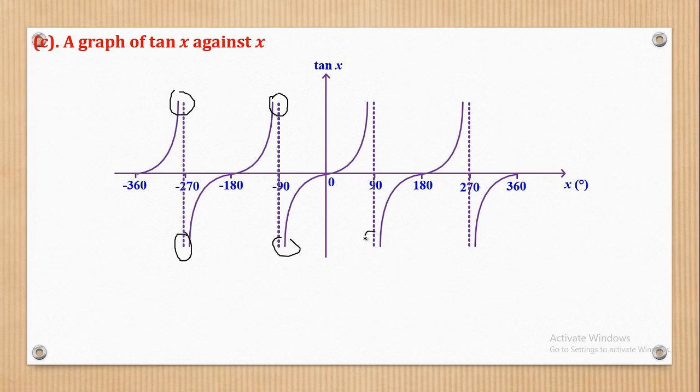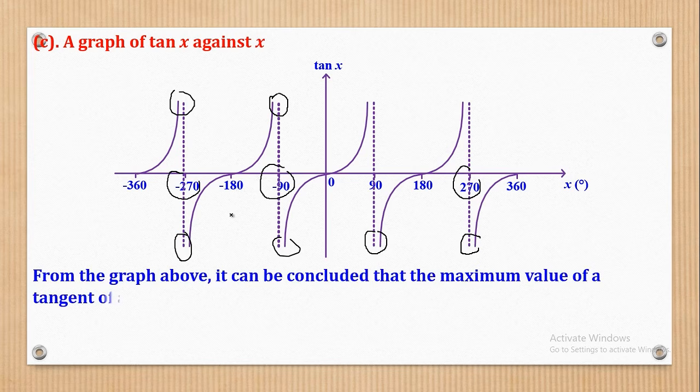meaning that there's no value of tan 90, and there is no value of tan 270, and there's no value of tan -270, and there's no value of tan -90. So you can prove that by getting your calculators and pressing those values. You realize that it gives you math error.